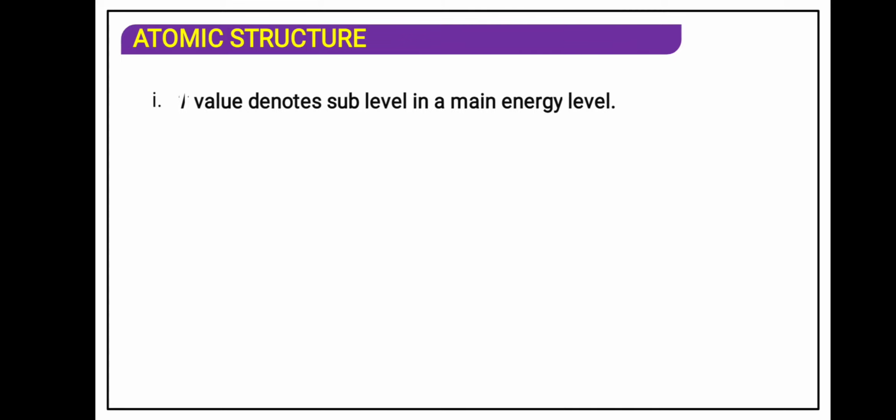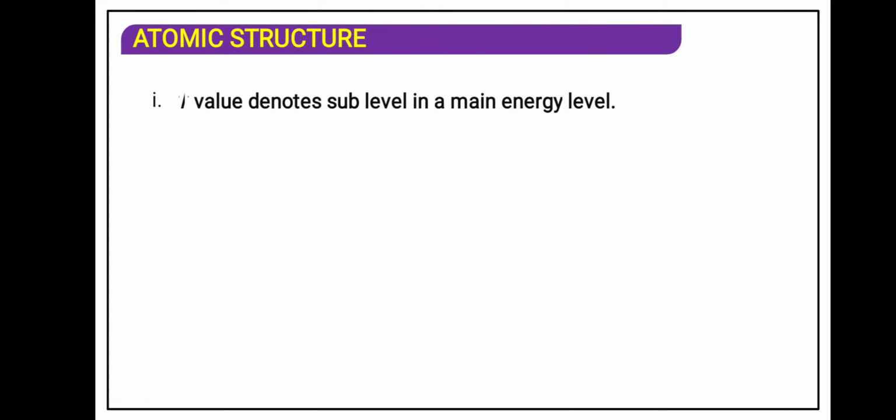If you want to understand the concept, try to understand with an example. There is a building. In the building we have floors. Let us assume that in the ground floor there are no rooms. In the first floor, the principal quantum number 1, that is first orbit, first floor, I have constructed only one room.